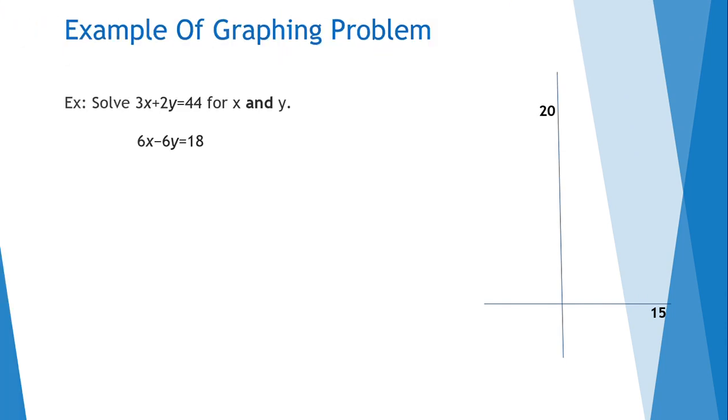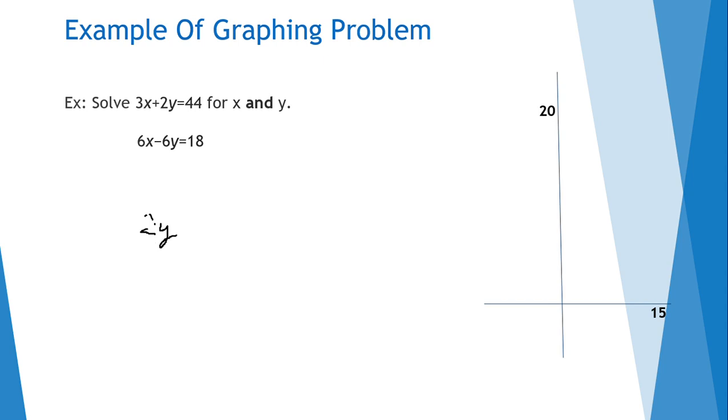A good example is this one. It says solve 3x plus 2y equals 44 for x and y, and we also have another equation, 6x minus 6y equals 18. So the first thing I'm going to do is try to get this into slope-intercept form. So I'll keep my y on this side.